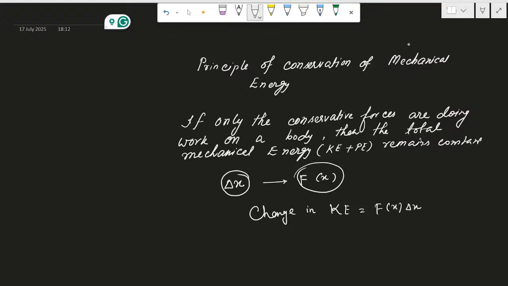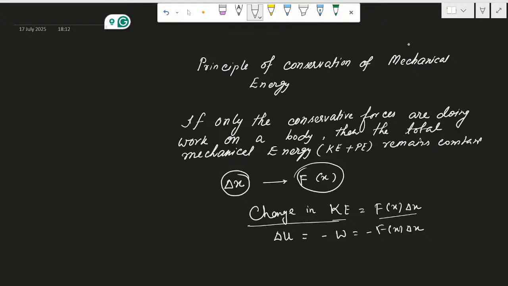So the change in kinetic energy is Fx delta x, the work done.